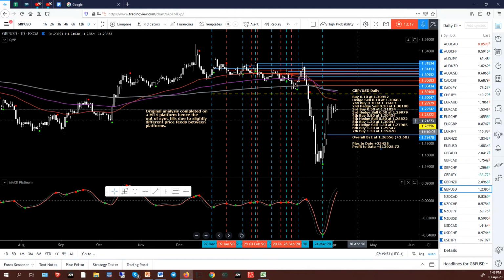Basically, I've gone in with 5 times my normal position size. Normally, I start a sequence at 0.02. In this case, I start at 0.10. So these are all big trades.